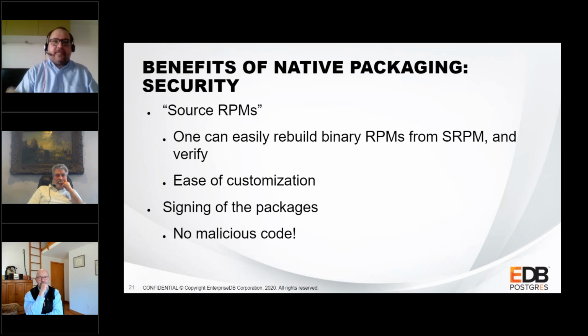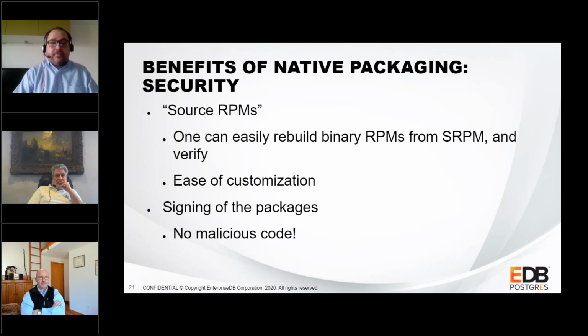It is not different than compiling everything on your own machine, but at least you can make sure that the binaries are the same. So if you want to check the security, you can just download the source RPMs from yum.postgresql.org, try rebuilding the RPM on your server, and make sure that everything is the same. So you can also make sure that we don't inject anything into the RPM.